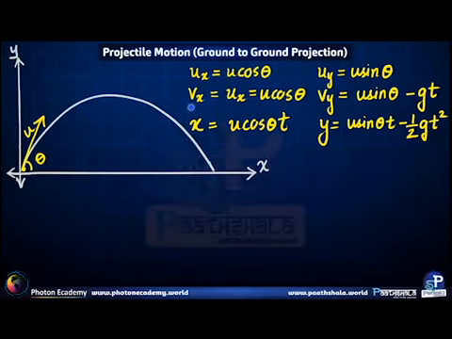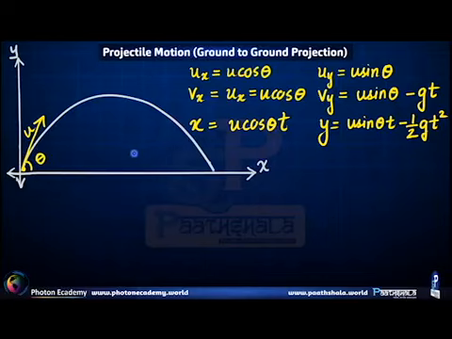How does the x velocity change? It does not change because there is no acceleration in the x direction. So Vx, the velocity after time t in the x direction, is ux, which is u cos theta. Vy is equal to u sin theta minus gt. Why minus gt? Because there is an acceleration due to gravity acting in the downward direction.